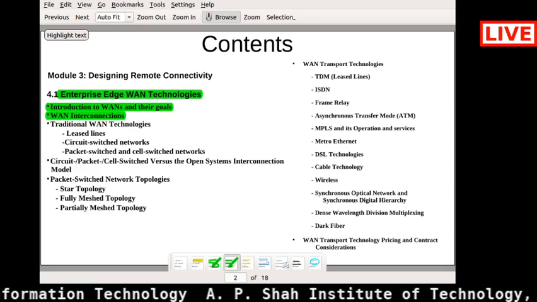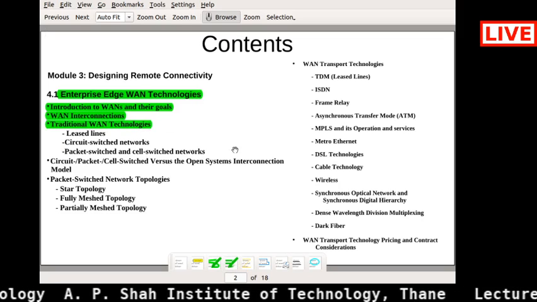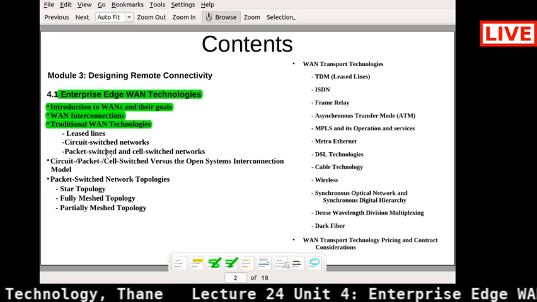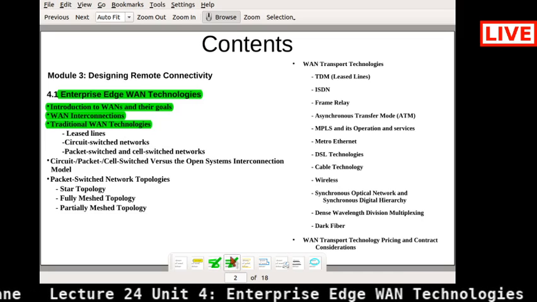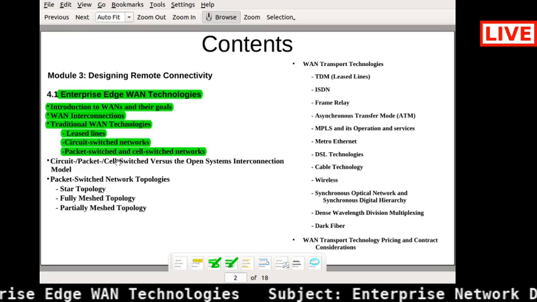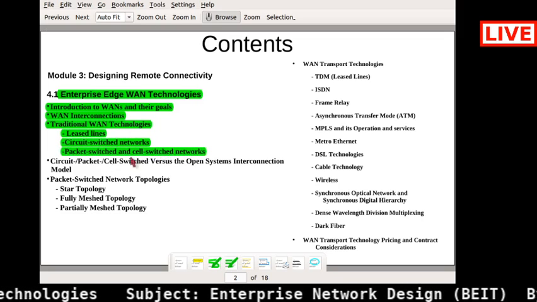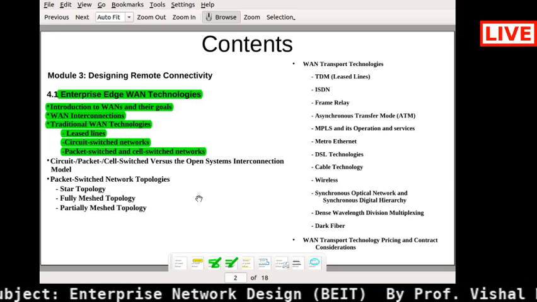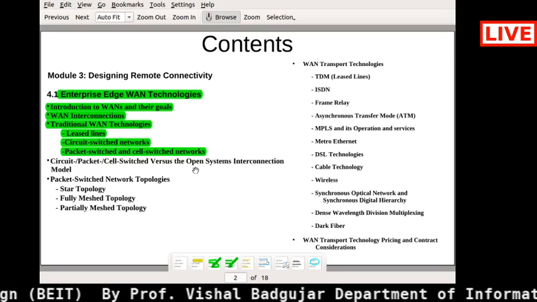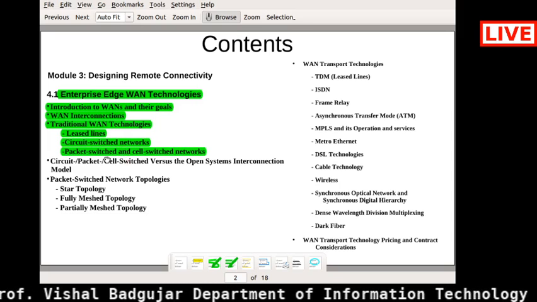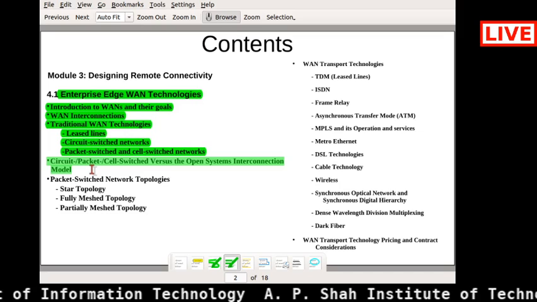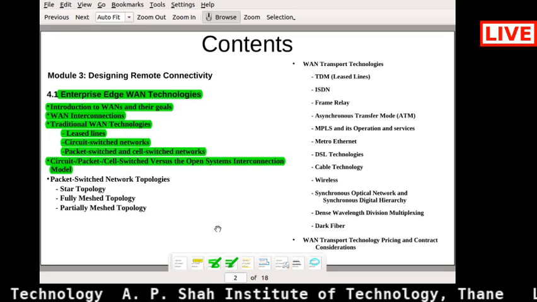Then some traditional WAN technologies which already exist and that we are currently using nowadays: leased lines, circuit switch networks, packet switch networks, and cell switch networks. We will see how these traditional WAN technologies compare with the OSI layer model, what the similarities are, and which layers work in these WAN technologies, in the circuit, packet and cell versus the OSI, Open Systems Interconnection, model.